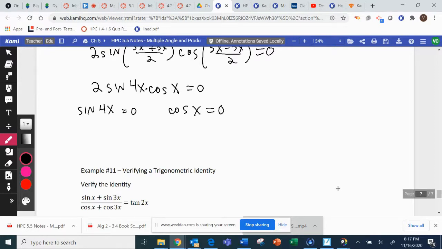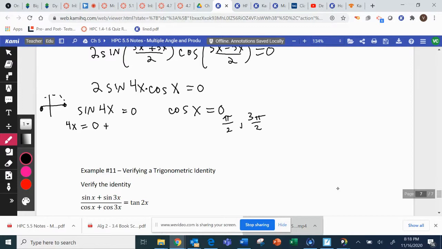So let's see, cosine x equals 0 is going to be just pi over 2 and 3 pi over 2. Sine x equals 0. Sorry, sine 4x equals 0. The 4x itself would be 0, okay, so that's going to be 0 and pi.